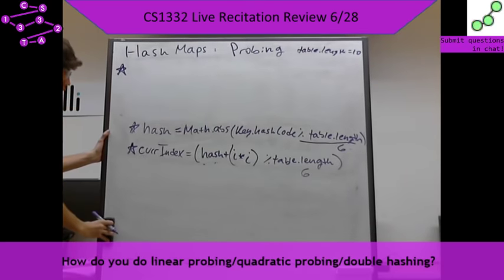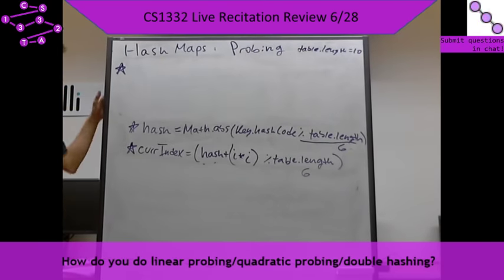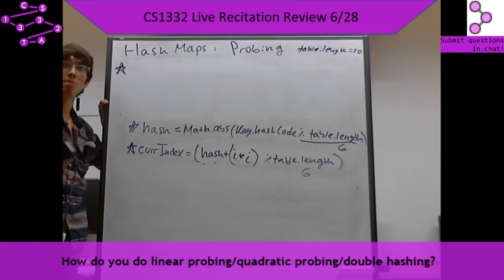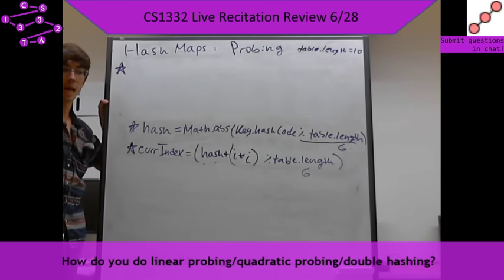Is quadratic probing better for large arrays? So the fact that your I is going to be squared each time, I think I would say it lends itself better to larger arrays, because you will loop back around quickly in a smaller one. The max load factor is going to probably push you towards a larger array as needed, right?